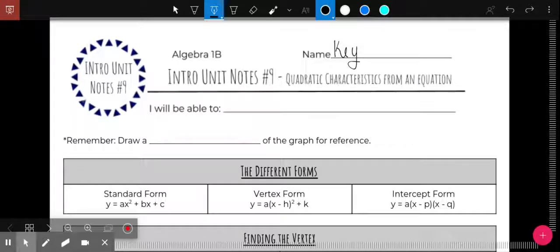All right, so today we're going to be looking at our intro unit, notes number 9, and we're going to be looking at quadratic characteristics from an equation.